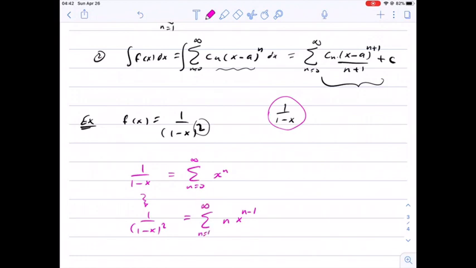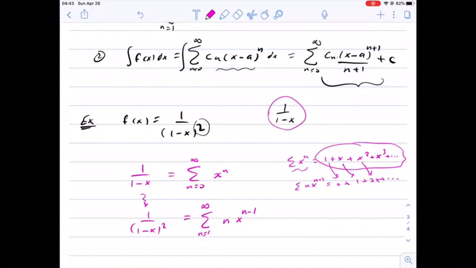The reason we start from n equals 1 is that the series x to the power n has the expansion 1 plus x plus x squared plus x cubed, etc. When we differentiate this series, we get 0 plus the derivative of x, which is 1, plus the derivative of x squared, 2x, and so on.